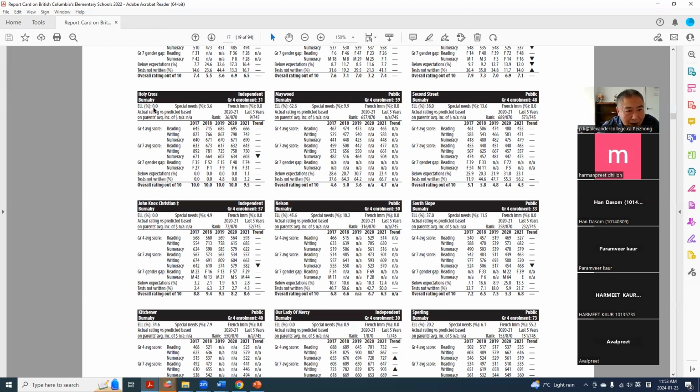This school, Holy Cross, has 0%, but look at Maywood, Burnaby. 62% of students are taking English supplementary courses. And then this one, 2nd Street, Burnaby, 38% take English learning courses.